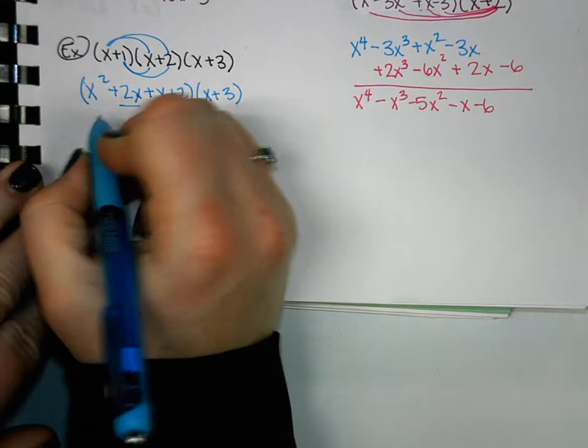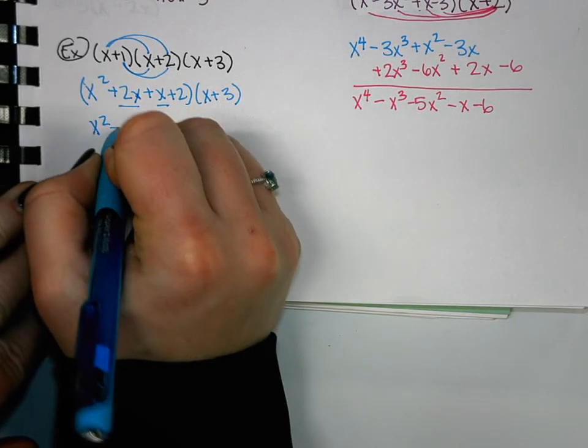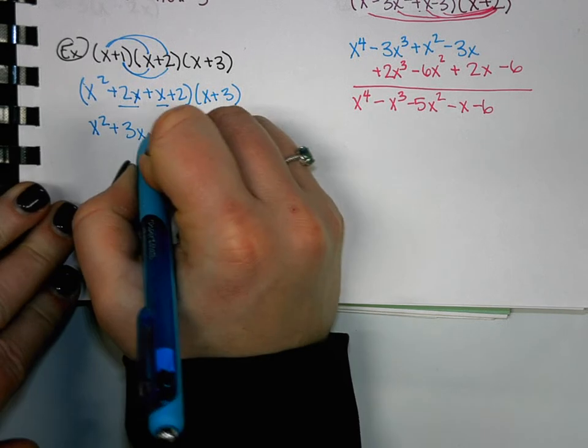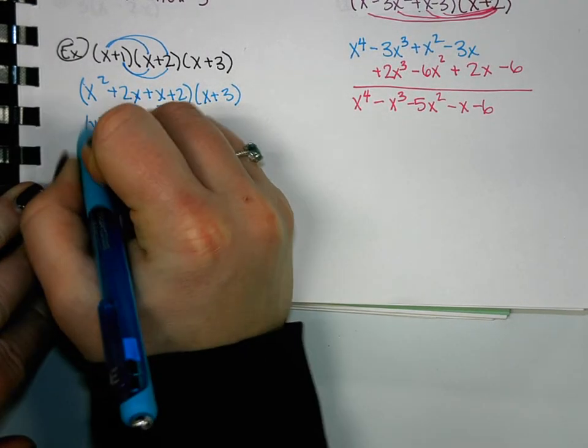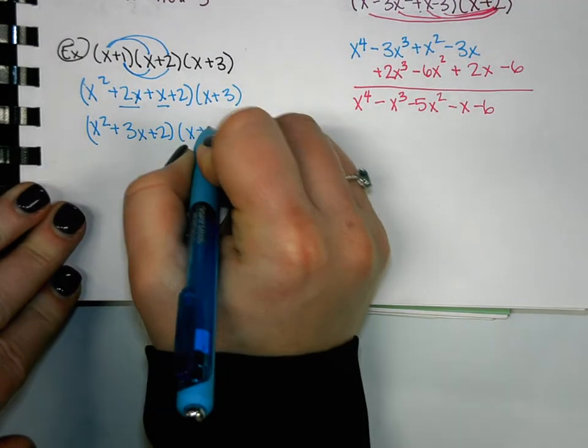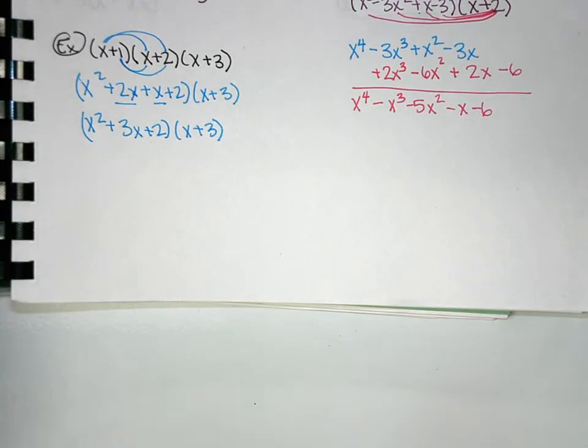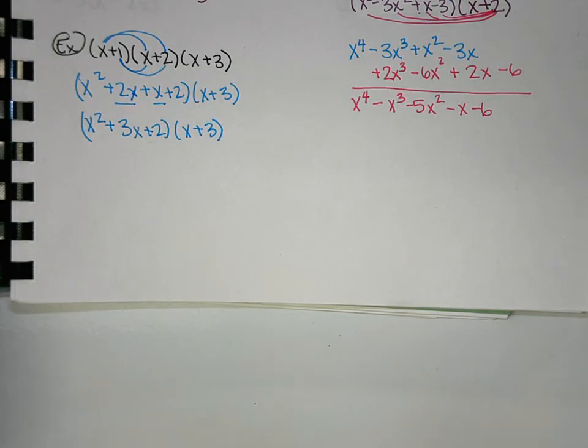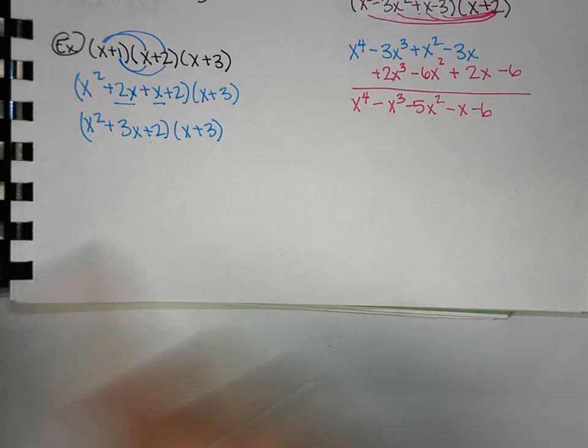So we have x squared plus 3x plus 2 times x plus 3. Does that part match? Max, did that part match yours at all? Kind of. I just didn't get that x plus 3. Okay. Well, the x plus 3 is from the original problem still.